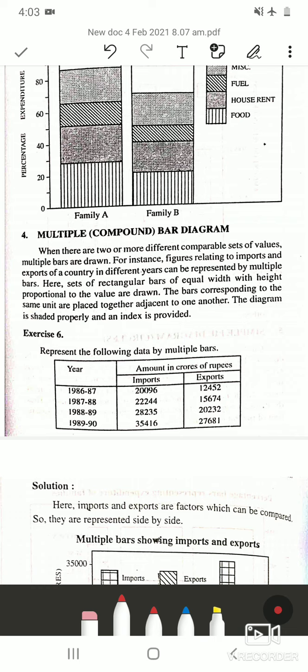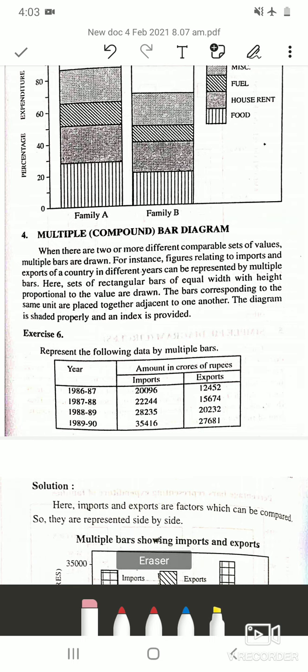So we are using multiple or compound bar diagram whenever for a given set of values we are comparing two or more different components or sets. The most common type of data represented by multiple bar diagram is the imports and exports of a country for different years. So let us see an example.